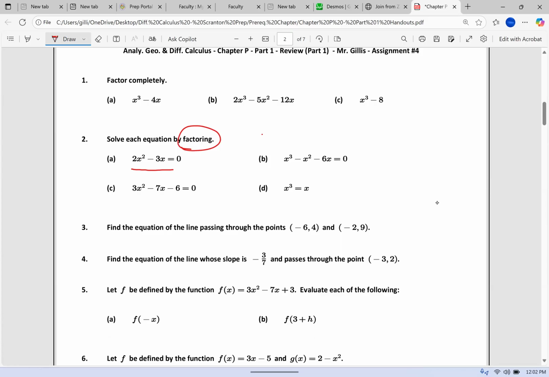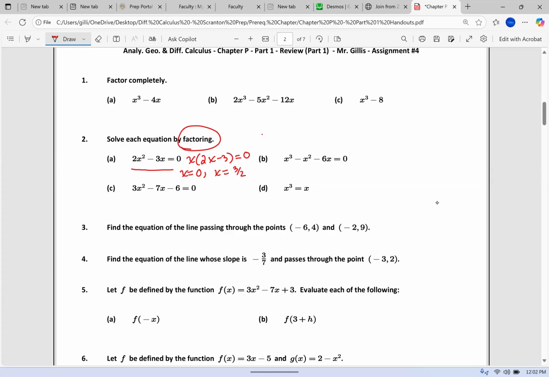I see I can take out an x from each of those terms, and what's left is 2x minus 3. Set each factor equal to 0: x equals 0, or x equals 3/2.